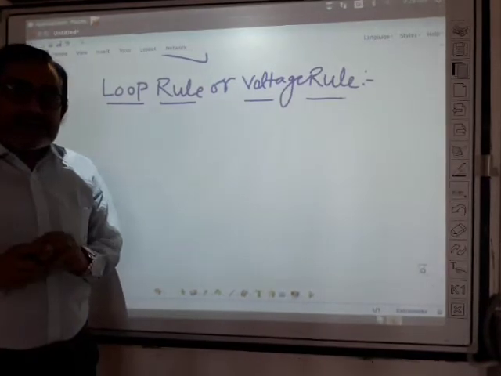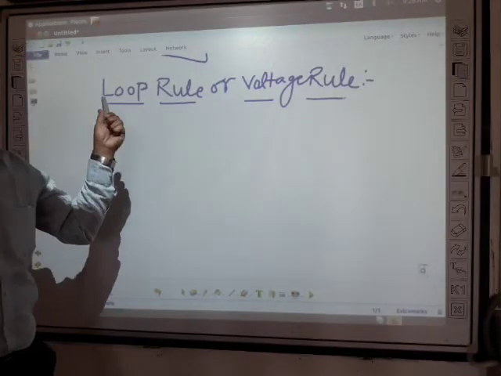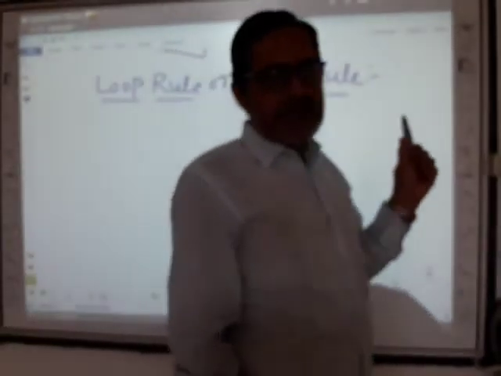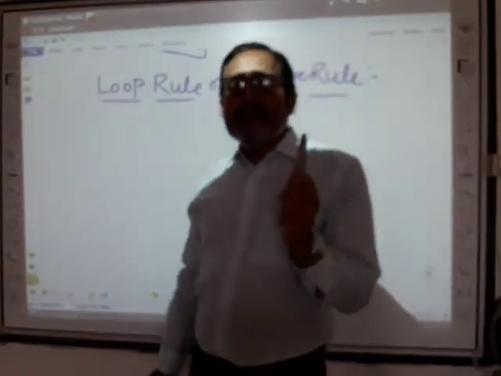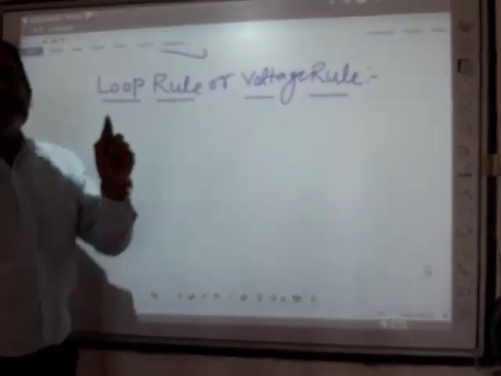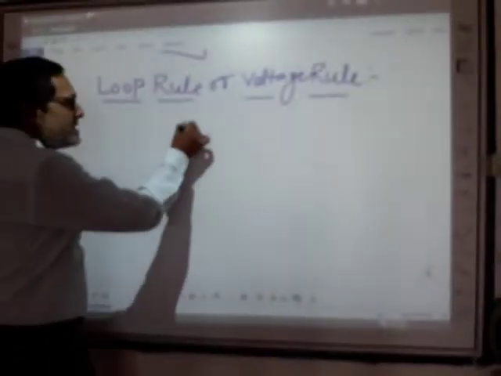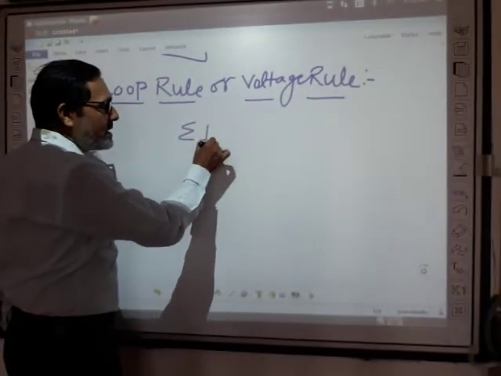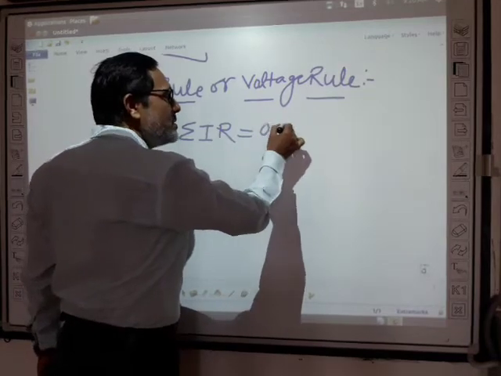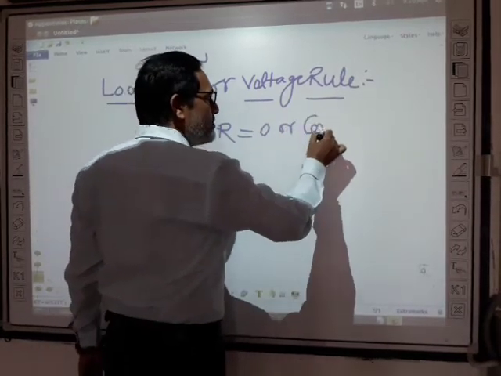Again, the product of current and resistance in any closed network remains constant, meaning sigma IR is equal to 0, or constant.